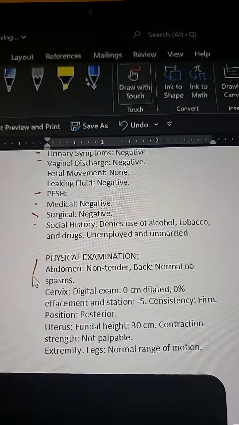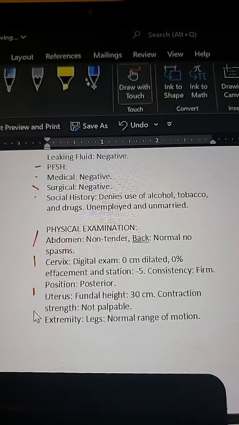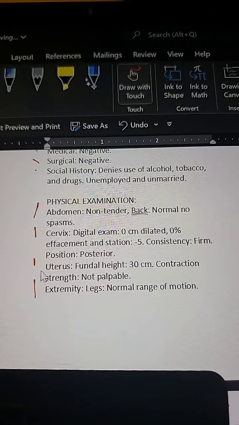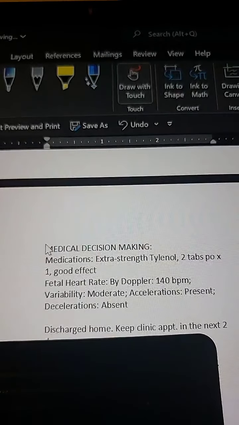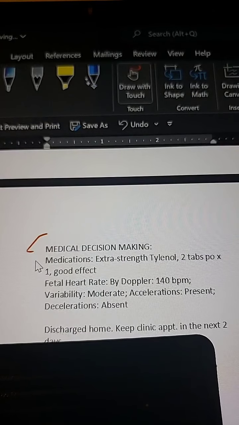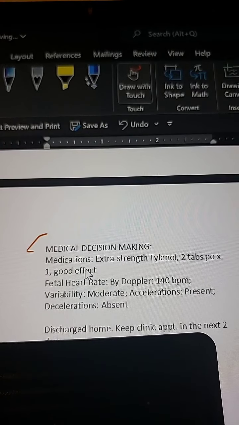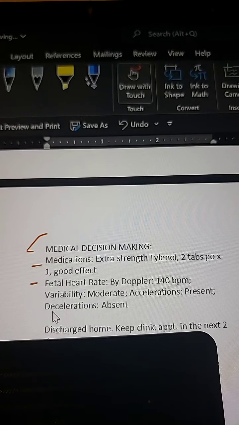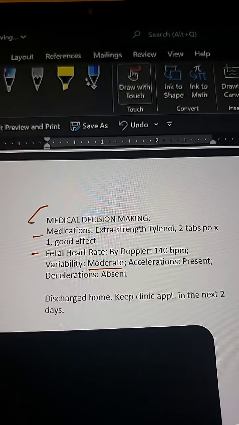We've got abdomen, cervix, uterus, extremities. We got 1, 2, 3, 4 looked at. We got medication. The medical decision making was just Tylenol over the counter. They did a fetal heart rate, and they did moderate presentation, absent. Discharged her home, keep clinic appointment in the next 2 days.